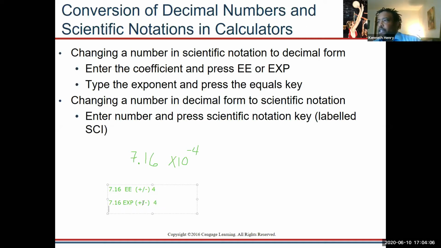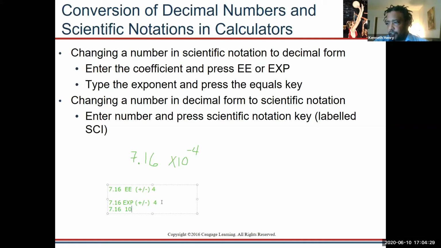And some of you guys will actually have cool calculators that do it the way it looks. So you'll have 7.16, and there's a button that actually says 10 and it'll say X.